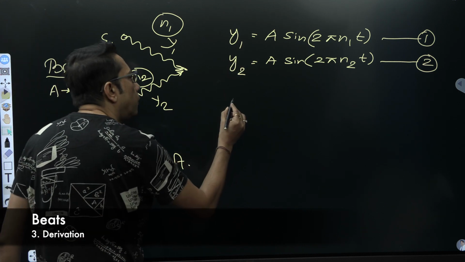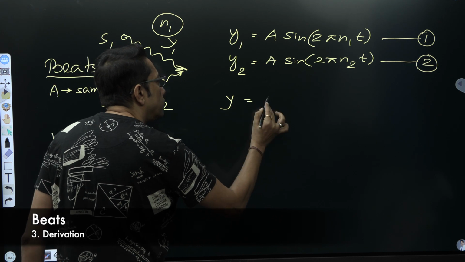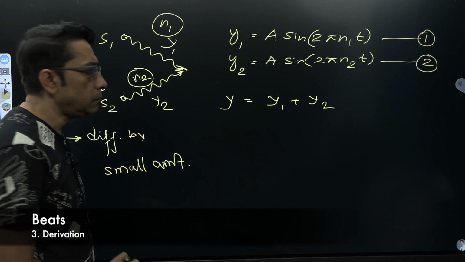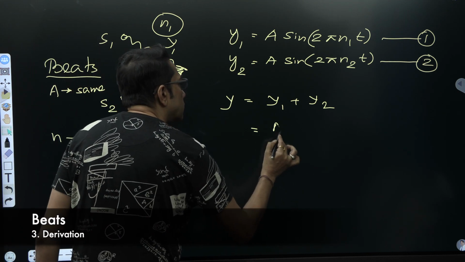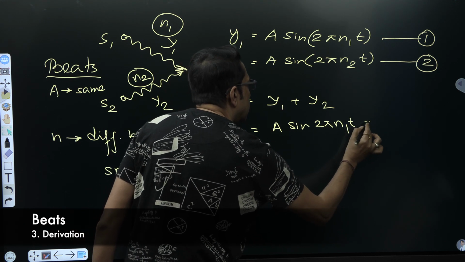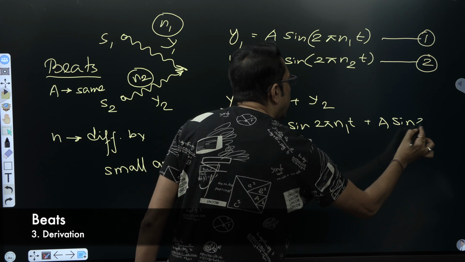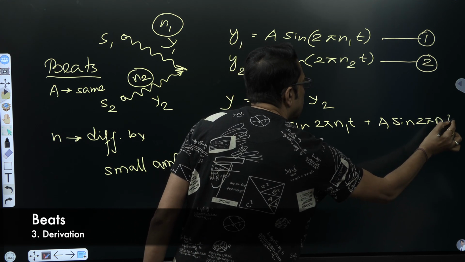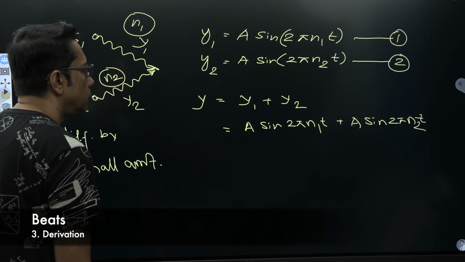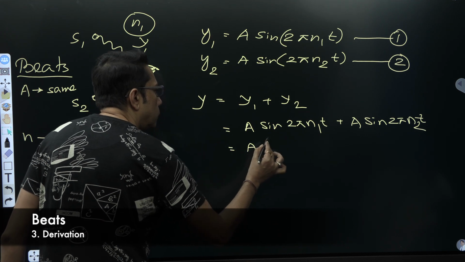Now let us move forward with this. From the principle of superposition, we know y is given by y1 plus y2. Now if we put the values, A sine 2 pi n1 t for y1 and A sine 2 pi n2 t for y2, we can take A common from both of them.